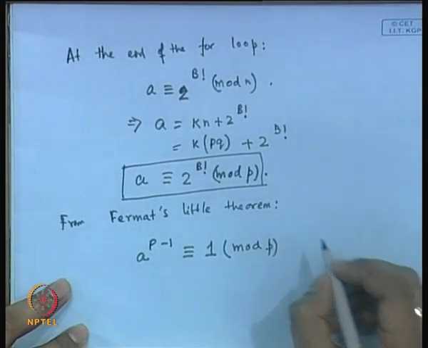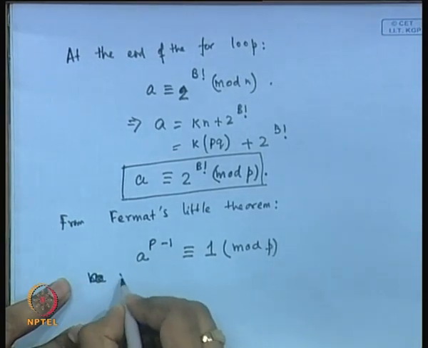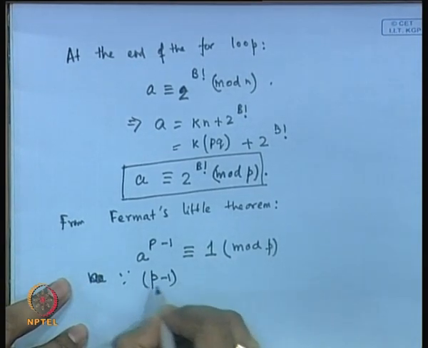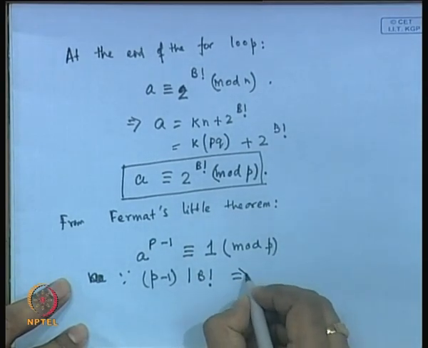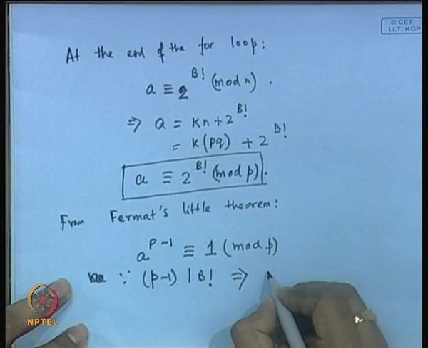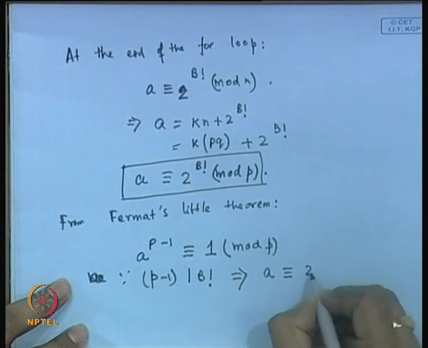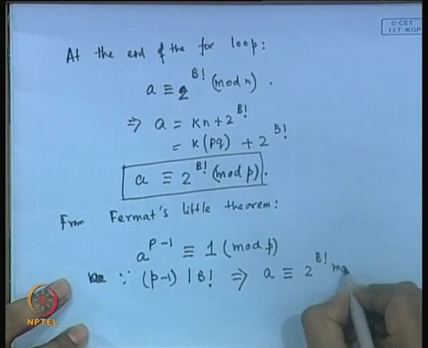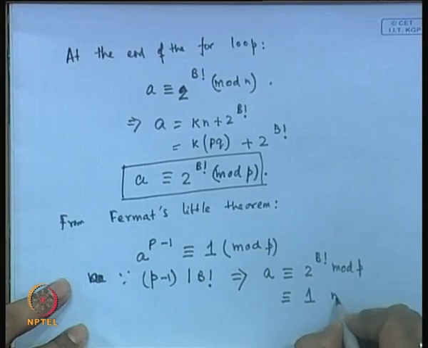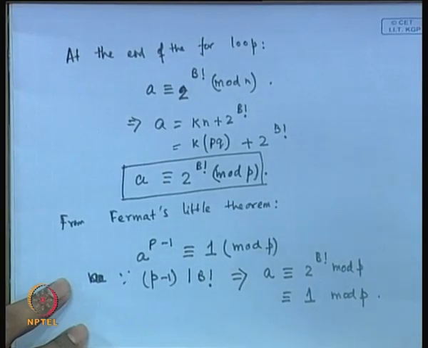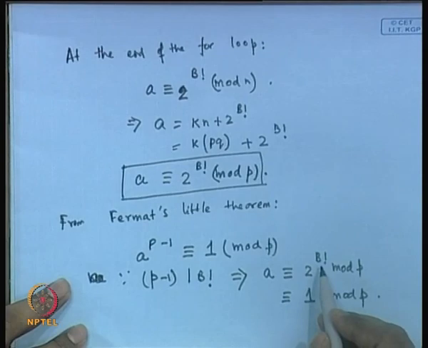Since p minus 1 divides b factorial, this implies that a, which is equal to 2 to the power of b factorial modulo p, is actually equal to 1 mod p, because p minus 1 divides b factorial.